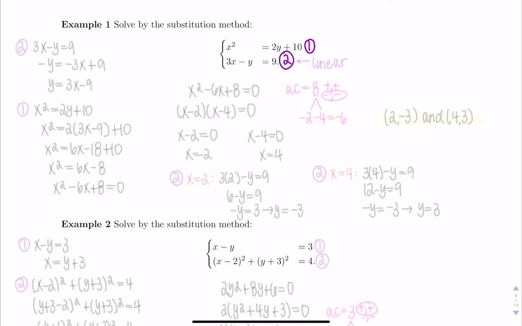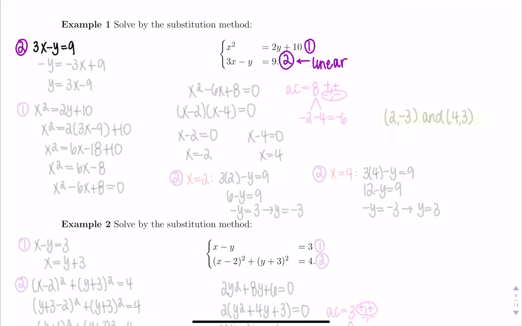Now equation 2 is linear, so we can solve for a single variable and plug it into equation number 1. So let's look at equation number 2: 3x minus y equals 9.